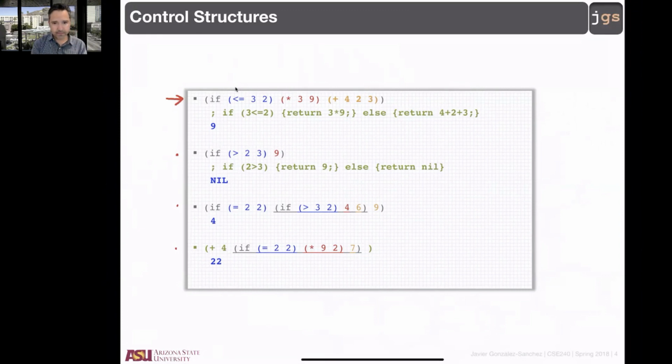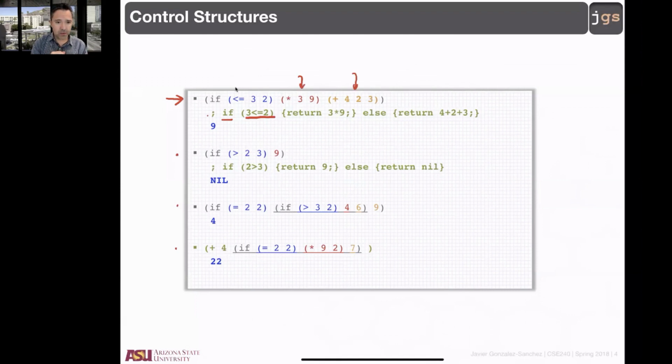The first one. I am giving you the instruction in Lisp and, in a comment, the equivalent in other languages. Useful reference. If in blue, the condition: 3 lower or equal than 2. If the condition, and then red and orange.